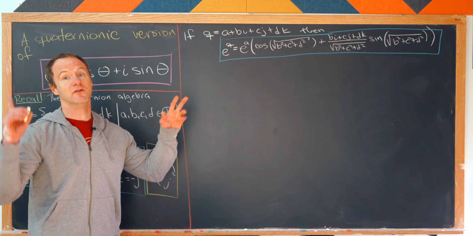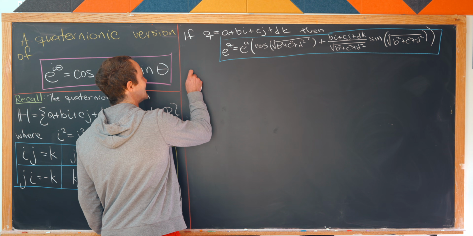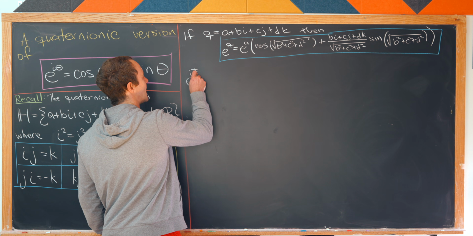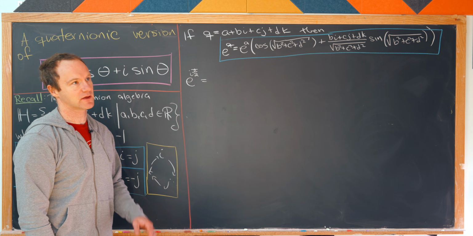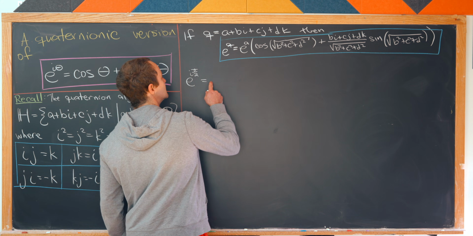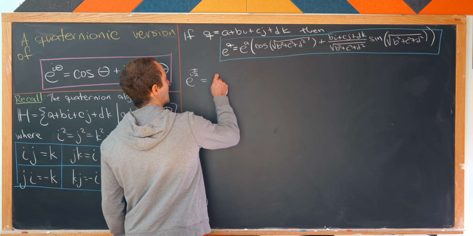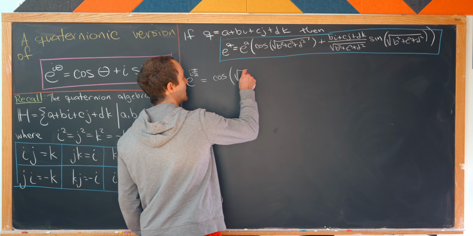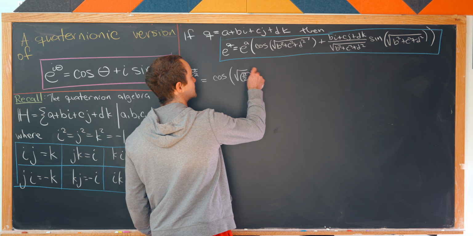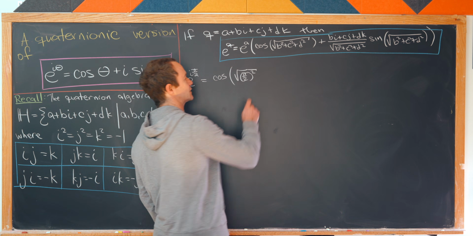Now we're going to look at a couple of applications of this formula. Let's notice that e to the I times pi over 2, where this is the quaternionic number I, not the complex number I, will be e to the 0, because here a is equal to 0. Then we'll have cosine of the square root of pi over 2 squared plus 0 squared plus 0 squared.